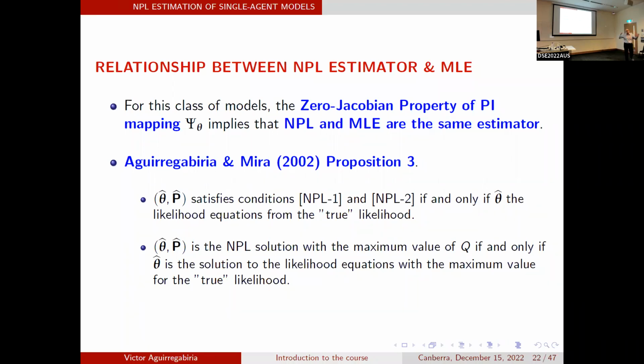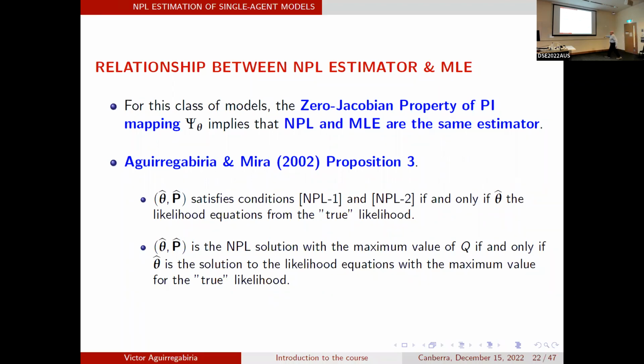Of course, we may have multiple NPL solutions, for the same reasons that we may have multiple solutions to the likelihood equation. In that case, the maximum likelihood estimator will be defined as the solution of the likelihood equations with the maximum value of the likelihood. Similarly, if we have multiple values of theta and p that satisfy these two conditions, the NPL estimator will be the one with the maximum value.